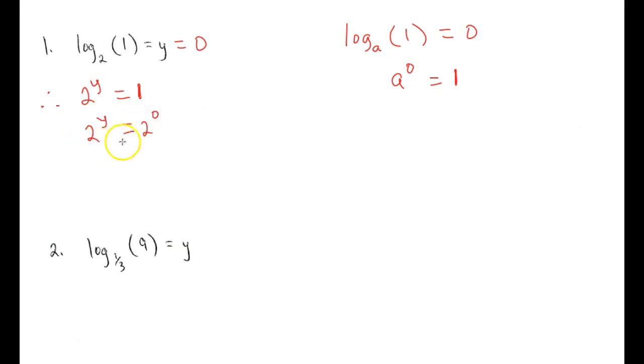And we have an exponential equation property that says if we have two exponential expressions that are equal to each other, and if the bases are the same, then the exponents must be the same. So whether we remember the properties here or go through the actual process, we'll see that we still get the answer of y equals 0.